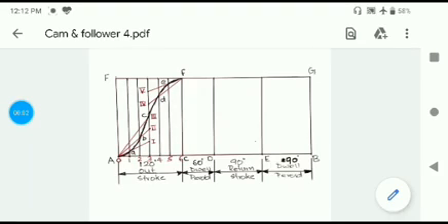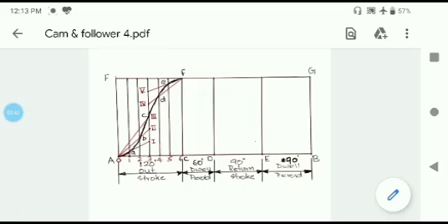After the first dwell period, the follower undergoes the return stroke, and in this case the return stroke is per the cycloidal motion. We have already discussed that cycloidal motion is defined as a curve that is traced by a point on a circular wheel such that the wheel moves in a straight line or a straight path. In the case of a cam profile, the circumference of the circle will be the stroke length.